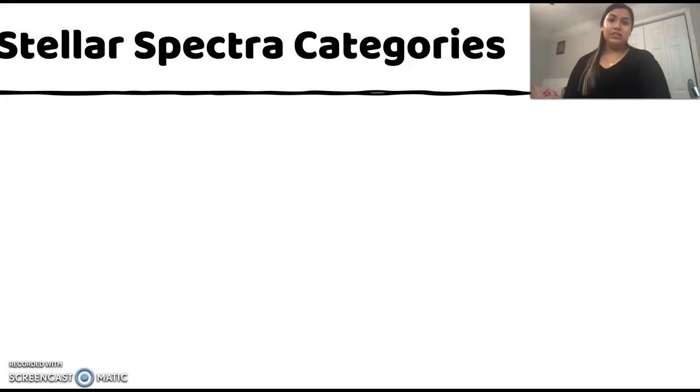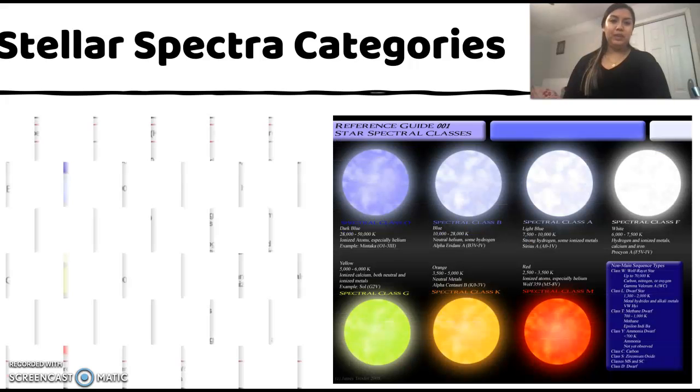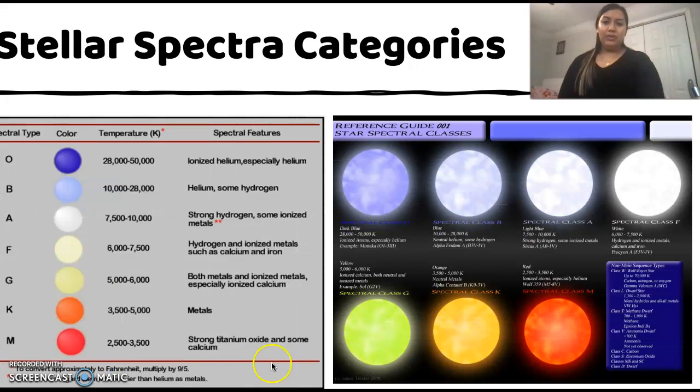So right here are the stellar spectral categories, and I put 2 different graphs so we can see the differences. Over here you have the hottest, which is O, and then we keep on going down, and the red, like I said, is the coolest one, but we wouldn't be able to tell if we didn't know anything about stars.